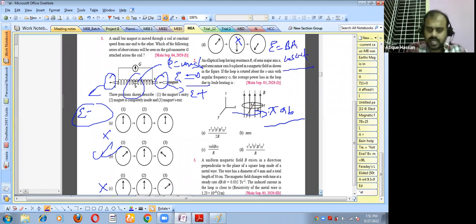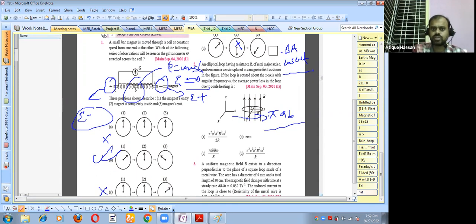Sorry, flux, not EMF. Flux is phi, and we know that it is BA. So here theta will be omega t, right? So flux at any time will be BA cos omega t.